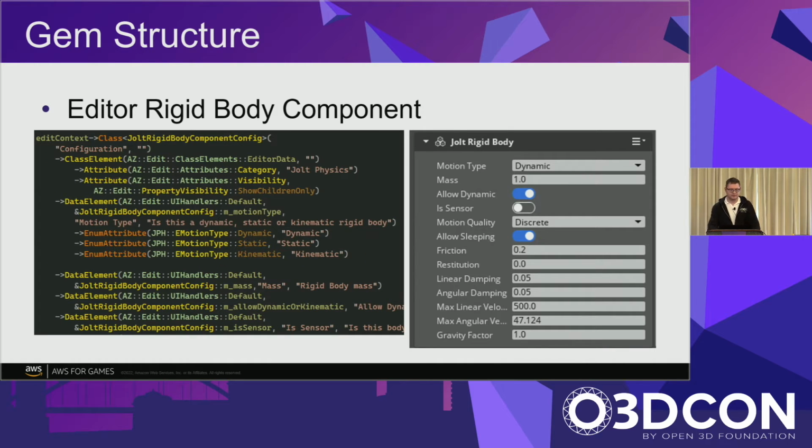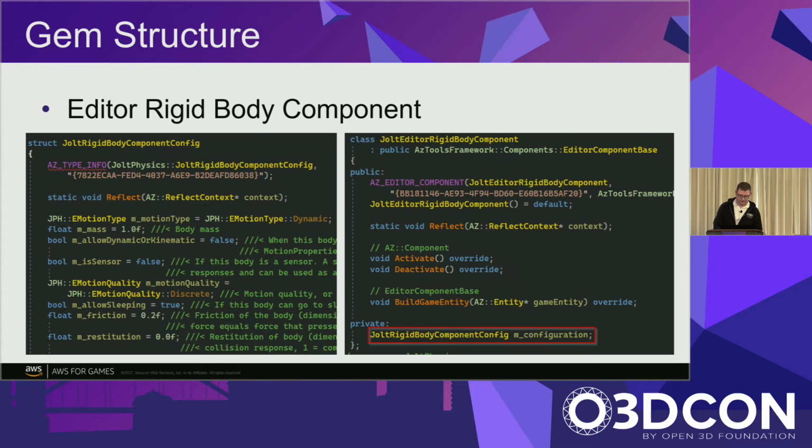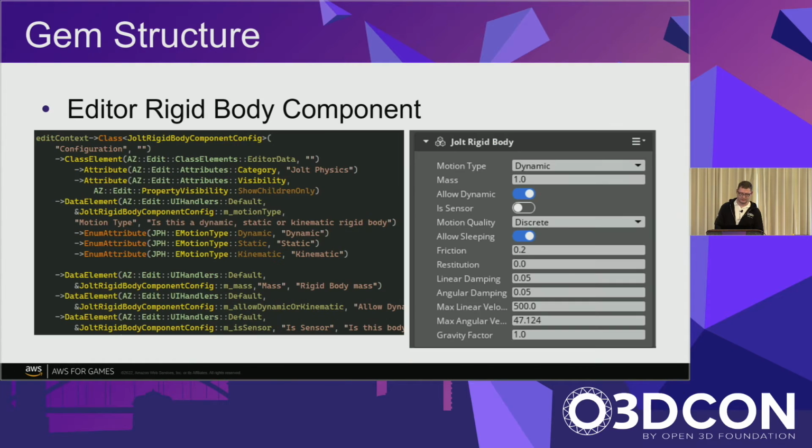Once we have this structure, we will want to expose it to the edit context. So the component has a reflect method. In the reflect method, you set it to the edit context through the data element calls, which members you want to show in the editor.